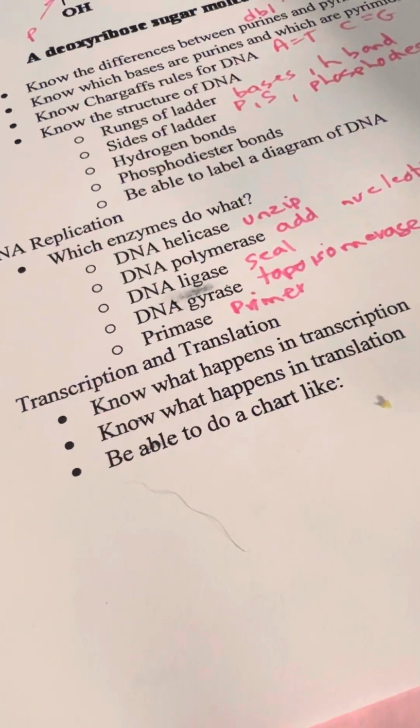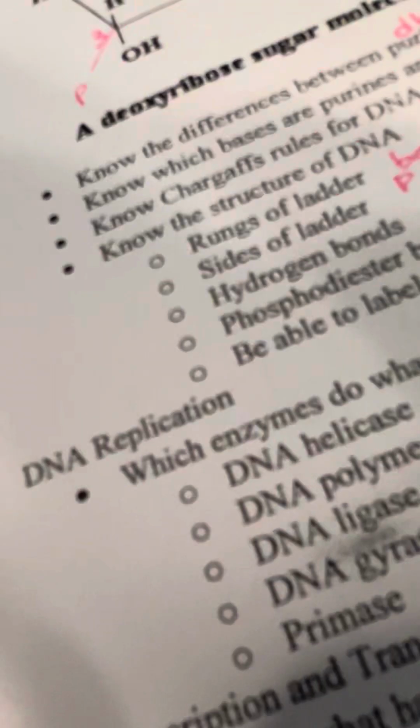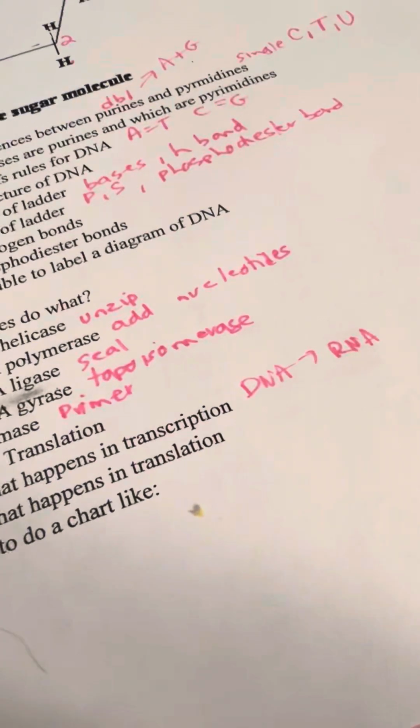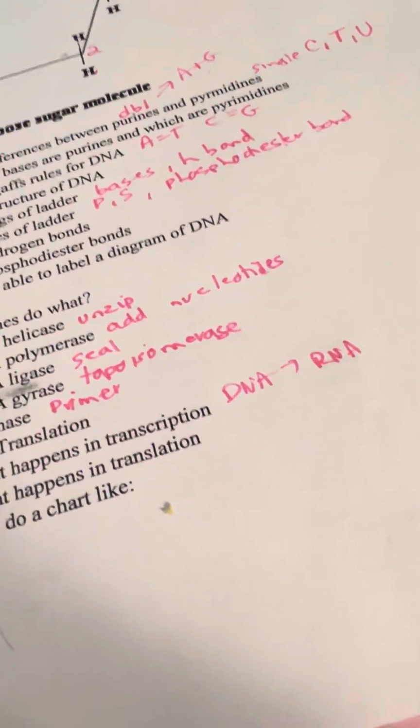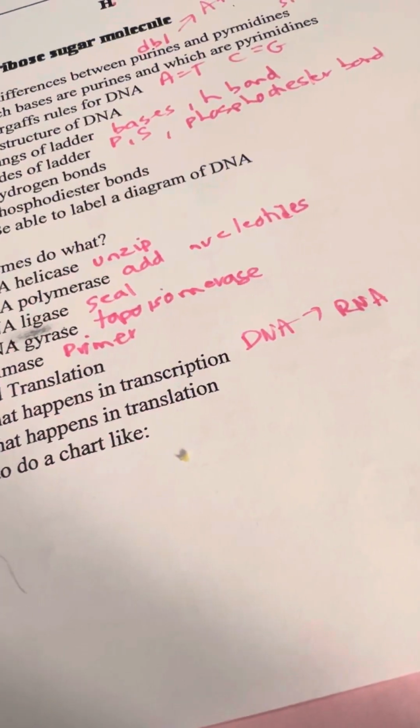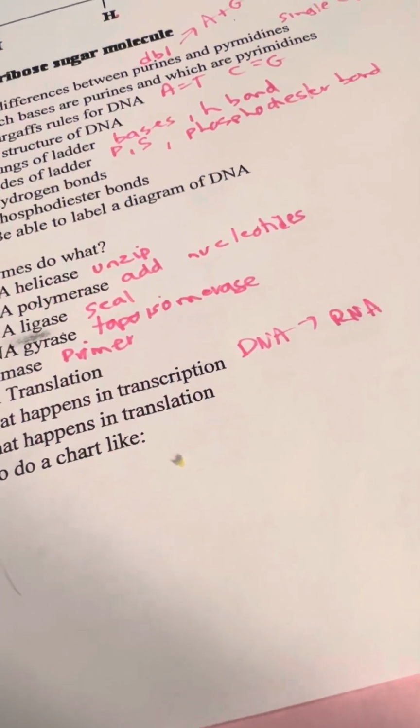For transcription and translation, know what happens in transcription. That's when DNA is making the RNA, and that is happening in the nucleus, with RNA polymerase.